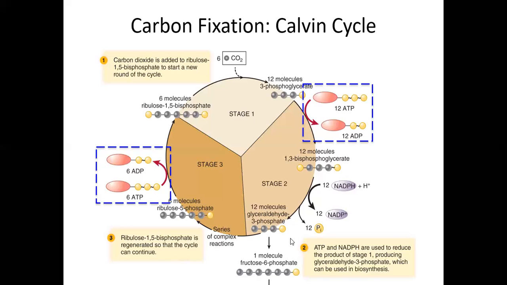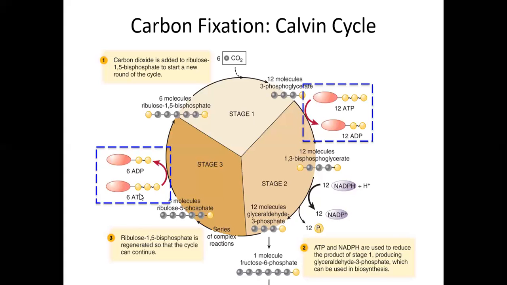So you get 12 glyceraldehyde 3-phosphates, right? And one molecule of fructose 6-phosphate, and that can enter glycolysis as well, right? So glucose 6-phosphate is converted into fructose 6-phosphate. Every pathway is connected. Oh, this is great. Series of complex reactions.